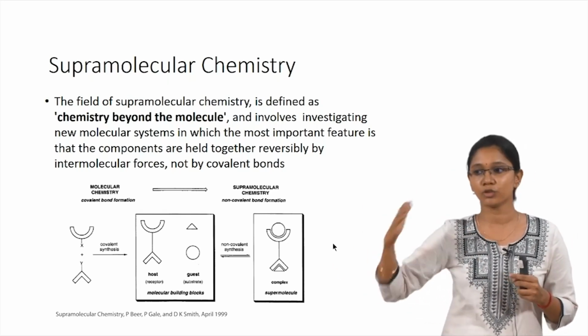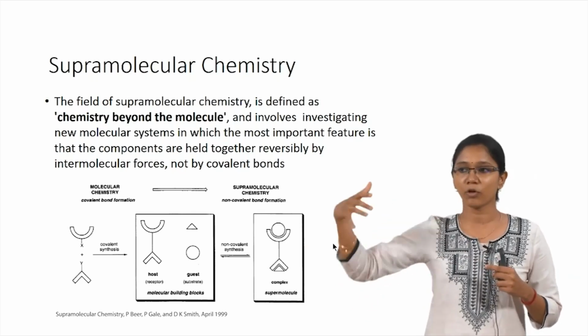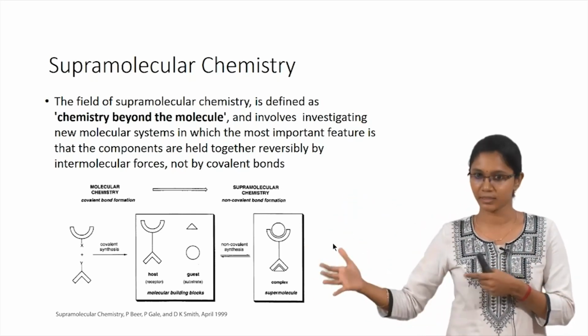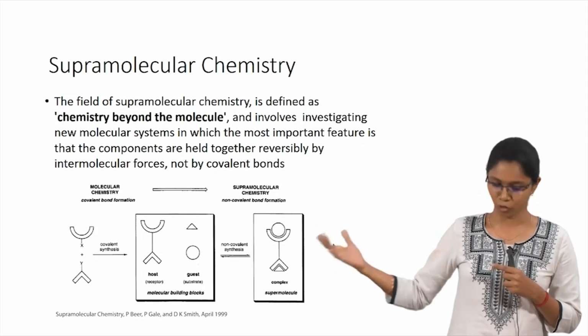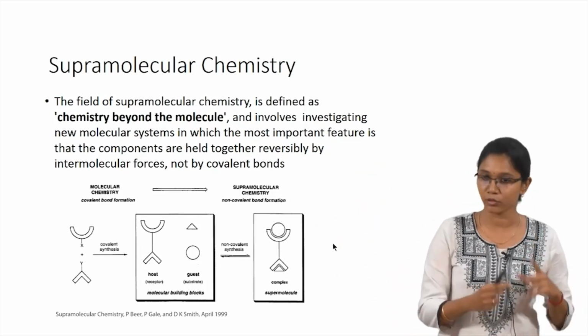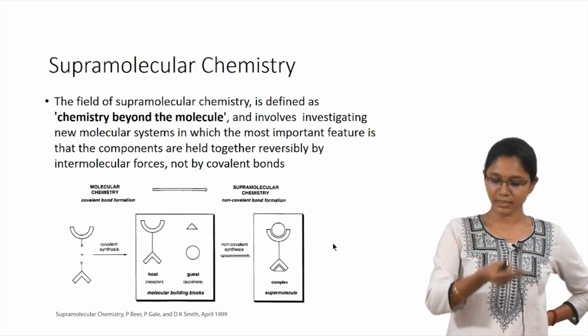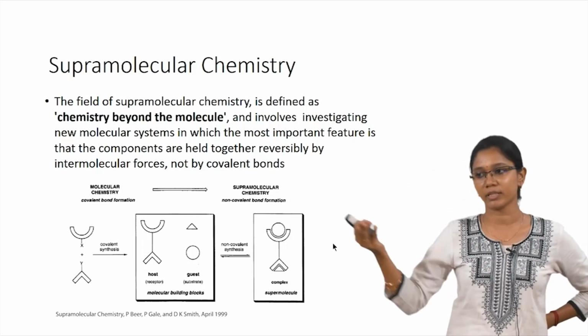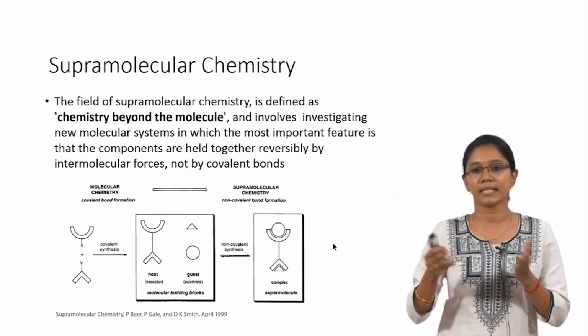But what goes into beyond the molecules? When these molecules come together, what happens? What are the aggregates that are being formed? In the diagram there, you have a pictorial representation of a molecule. The initial supramolecular chemistry was termed with host-guest interactions.